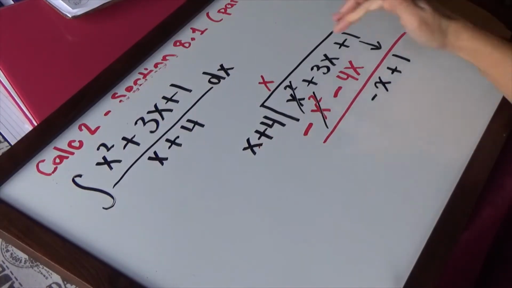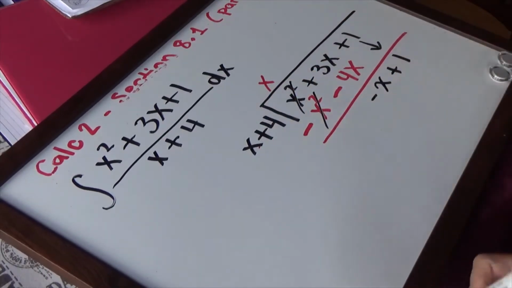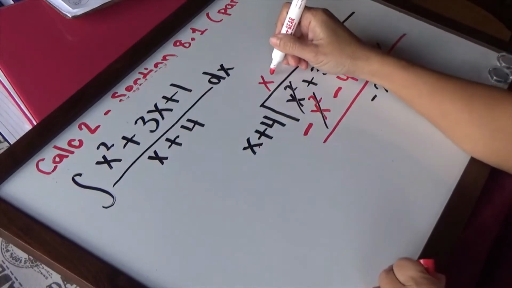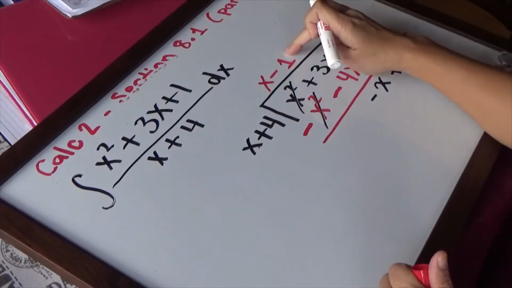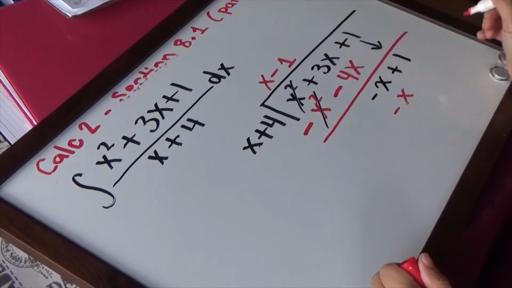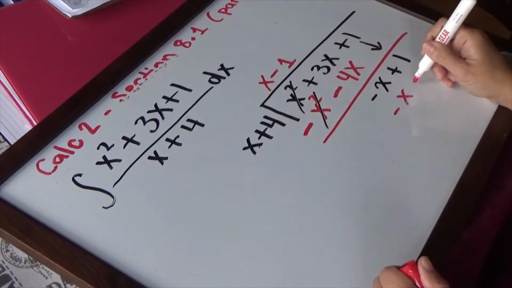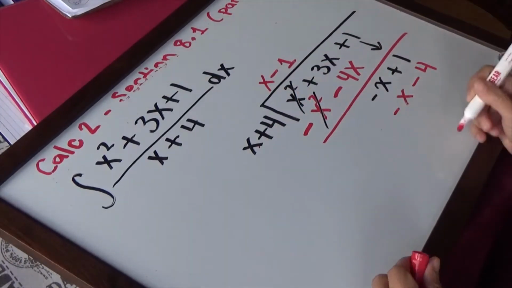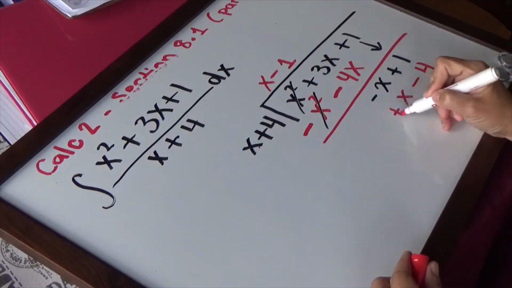Can I have a number multiplied to x to give me negative x? And yes, that number is negative 1. So we have negative 1 times x. That's negative x. Negative 1 times 4. That's negative 4. And what are we supposed to be doing? Subtracting. So that means change the sign here.